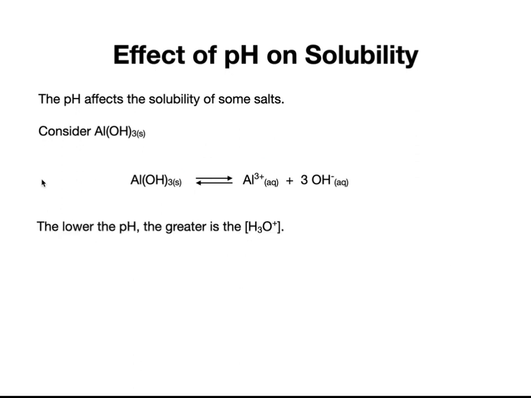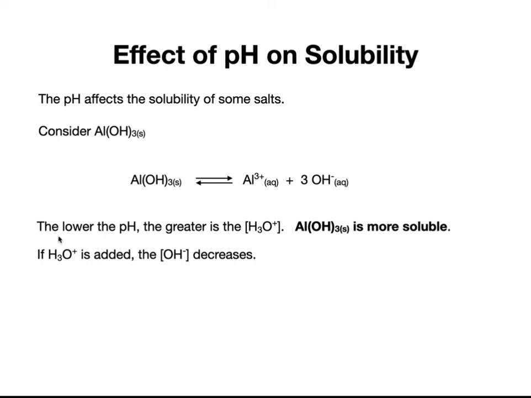Okay. The lower the pH, the greater is the concentration of hydronium. Okay. Aluminum hydroxide is more soluble at lower pHs. How do you lower the pH? You add an acid. If hydronium is added, the hydroxide decreases.